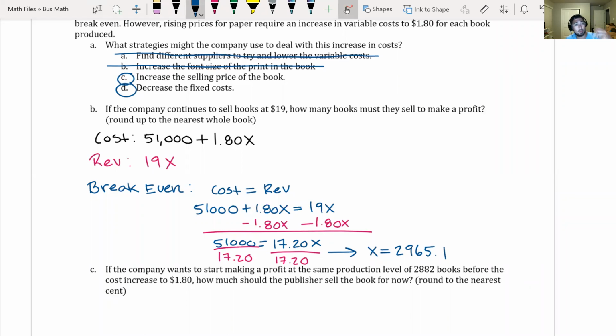Okay, so we get 2,965.1 books. It says round up to the nearest whole book. You know, we don't normally round up 0.1, but as a company, we don't want to make 0.1 of a book. So we're going to try to make 2,966 books.